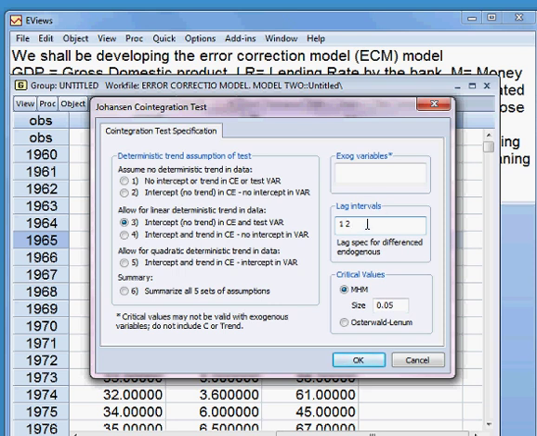That is why lag 2 is chosen. Then after choosing lag 2, I press OK.